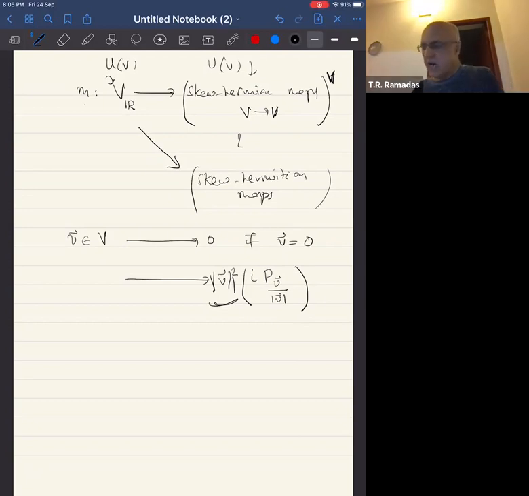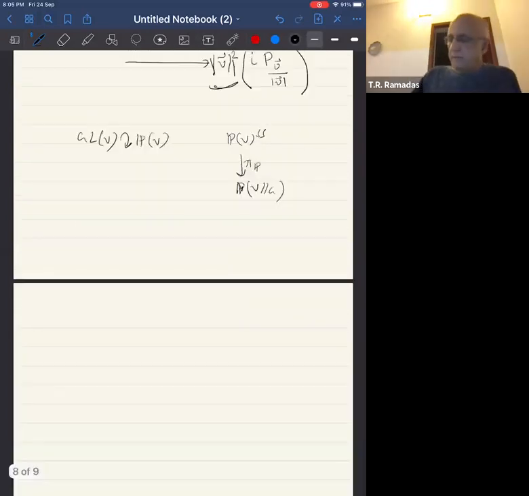Okay. Now let us consider the projective space of V. Again, I have GL(V) acting on this. And this is the context in which we define PV, and we define the projection pi from V to PV, etc. Okay. But now let's bring in the moment map formalism here.